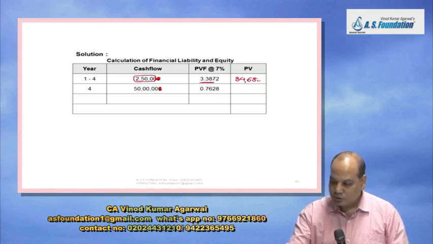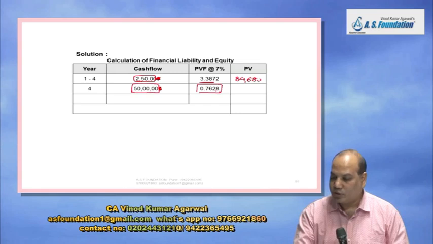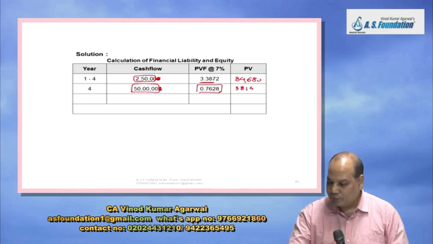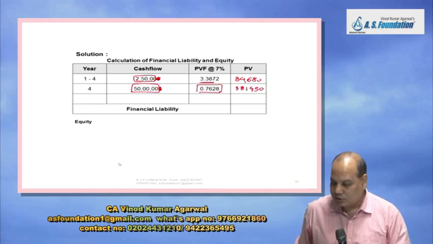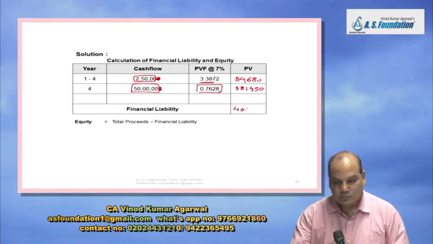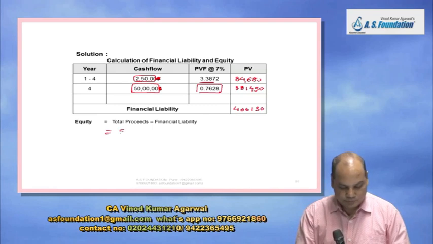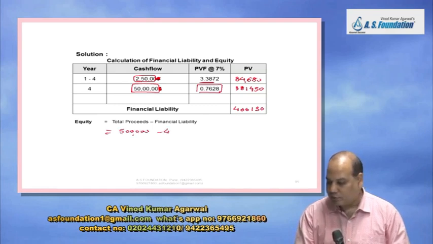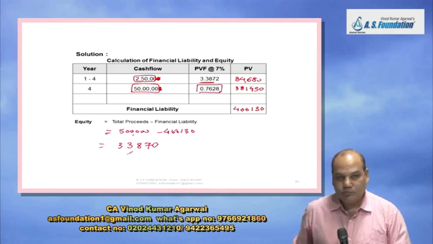Okay. 5 lakh into 0.67628, 381450 approximately. So what is the financial liability you got? 466130. So what is the amount of equity here? 5 lakh minus 466130. How much is that? 33870.